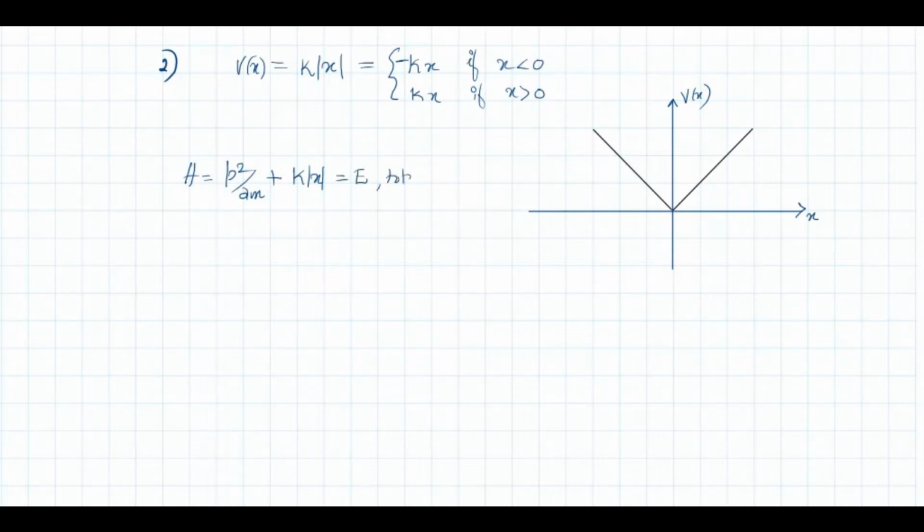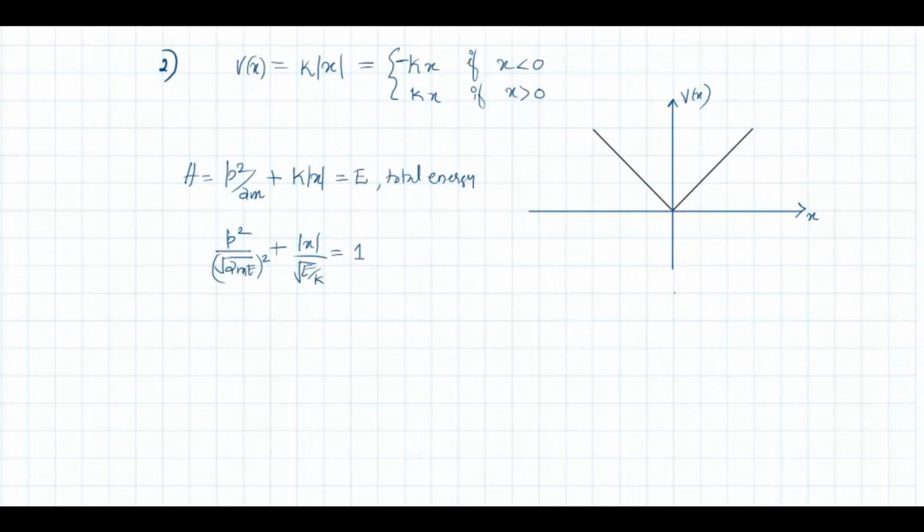Again, it's a conservative system. Now you can write it as p divided by root 2mE the whole square plus mod x divided by E by k is equal to 1. But it is not the expression of an ellipse.